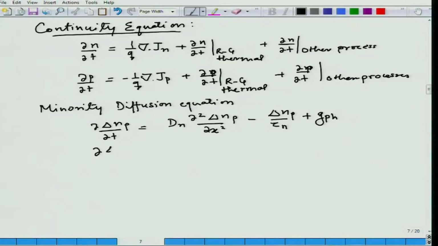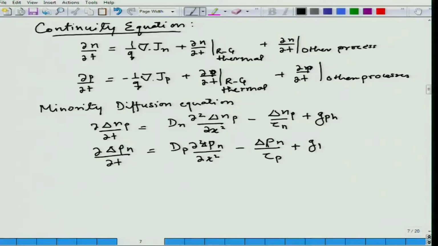And similarly, I would solve it for holes also, and this will be given by, for the diffusion of holes, the second derivative of x, the hole concentration in n type material, minus the recombination due to thermal processes, and the photo generation.